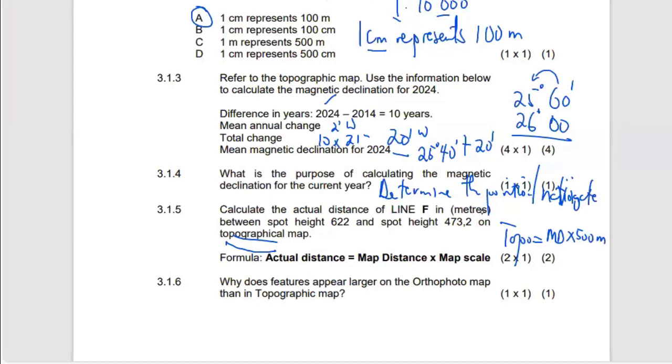You would have converted 1:50,000 to meters directly. If it is on the orthophoto, get your map distance in centimeters from the ruler and multiply it by 100 meters. You get your answer directly in meters.